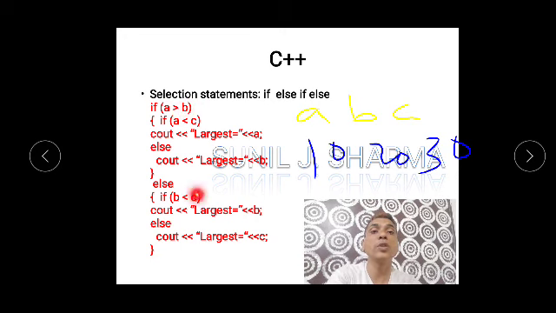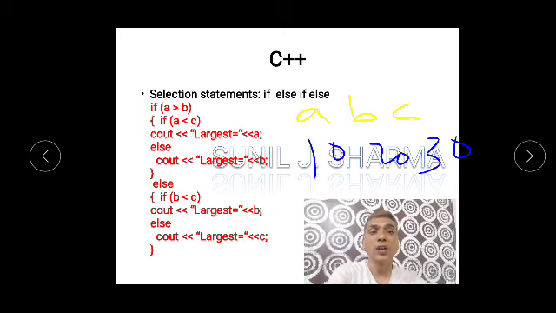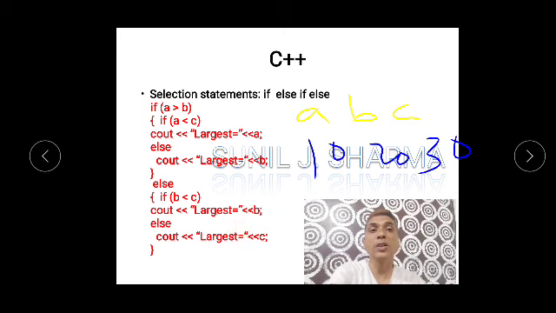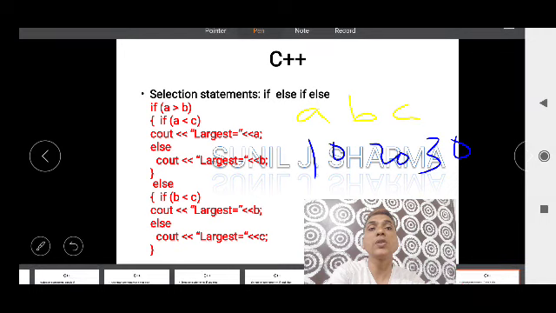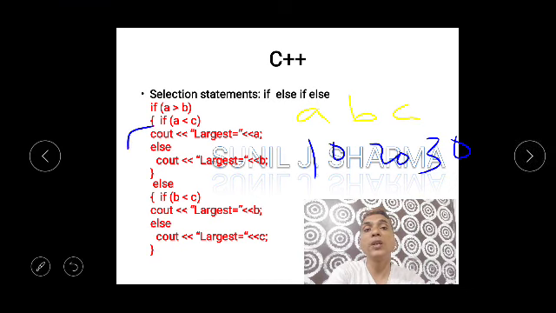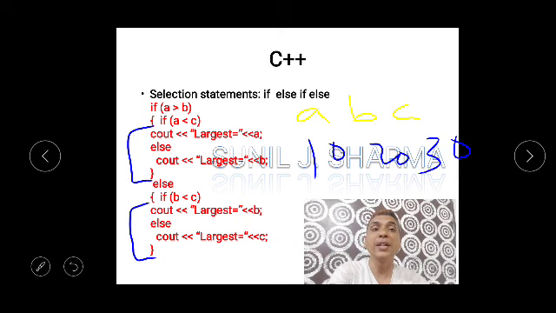Not possible, so it will go here, because B's value is 20 and C's value is 30. So 20 is greater than 30, not possible, so largest is C. So here we are having two blocks. One is if, this is the if part, this is the else part, and inside if also we are having if else. So we call it a nested if else.